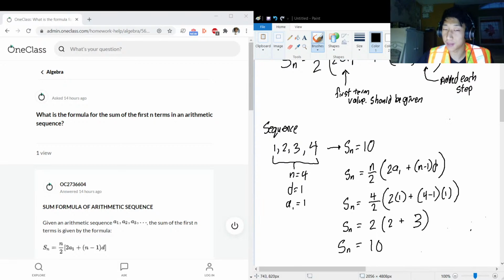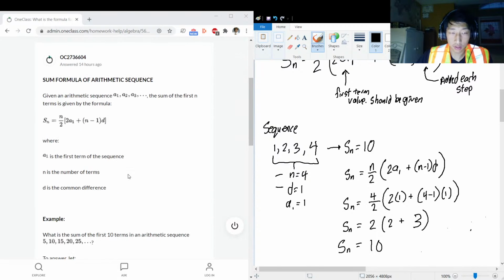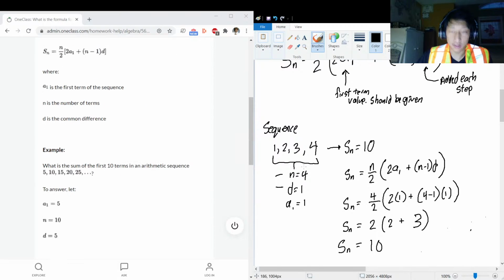Just make sure that you're able to extract your values here. So the n, that's just the number of terms. D, that's what you're increasing by to go from term to term. And A1, that's just the first element in the sequence that you're looking at. Sounds good. So D, I mean, what you're adding from term to term, also known as the common difference.